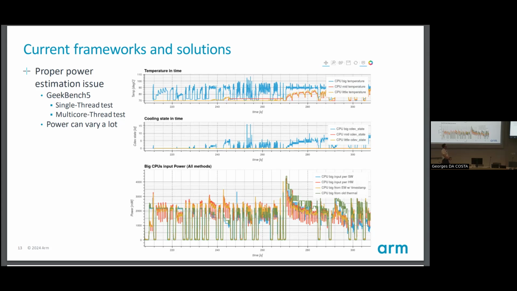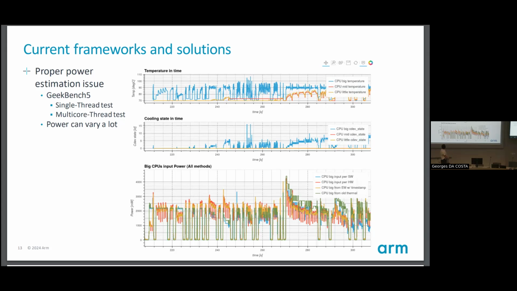And as you can see, our current estimation for the power, for instance on the first test, that's actually a cryptography test, and the real power, which is the red or the orange plot, is 2 times less than what we estimated using our software model. Then we have some big spike of the real power at the end. Also, we underestimate in this case.